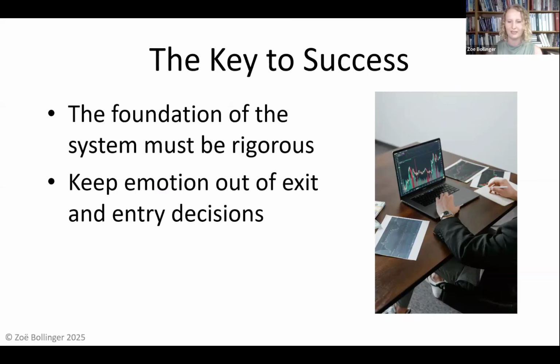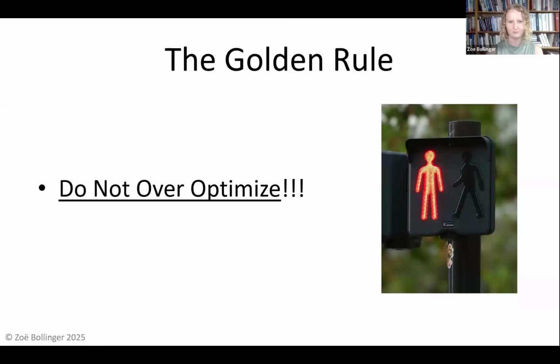I forget who said it, but there's a quote that goes around that says the market will always surprise you, but your methodology never should. This is trying to get to that point, making sure that you have hammered out that methodology that's going to work for you. So the golden rule, and we'll get more into this in the second half of the presentation, but really the core thing for system success is not over-optimizing.